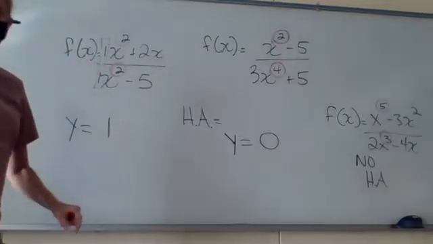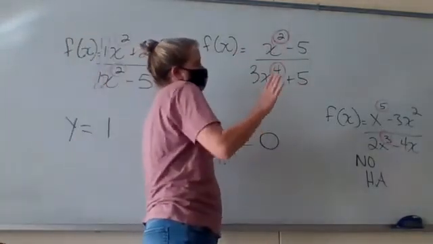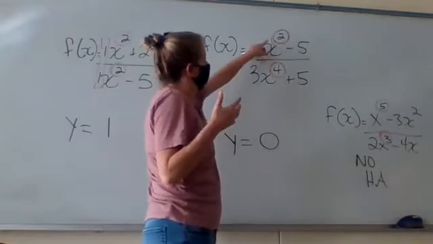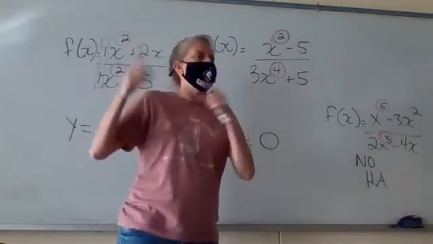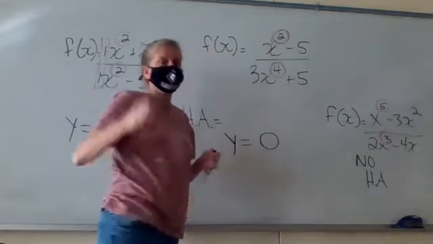And that is your horizontal asymptote. Number 22. So the answer is 0? Yeah, I was just showing, for instance, the three different ways it could be. But yes, for this problem, that is the answer.